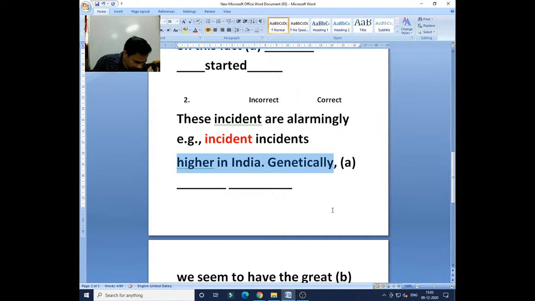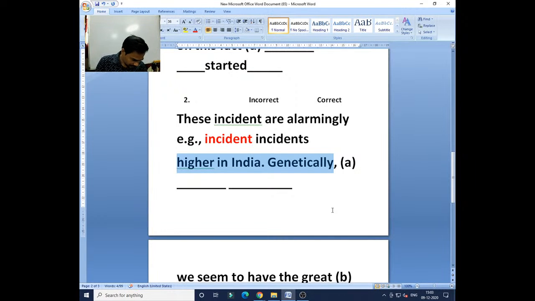Okay, Arya, Tapasi, you have written highly. Riddhi, you have also written highly. Srishti, highly. Sandhya, highly, okay. How should it be highly? Just read out the sentence. These incidents are alarmingly higher in India. Highly in India, how can it be?